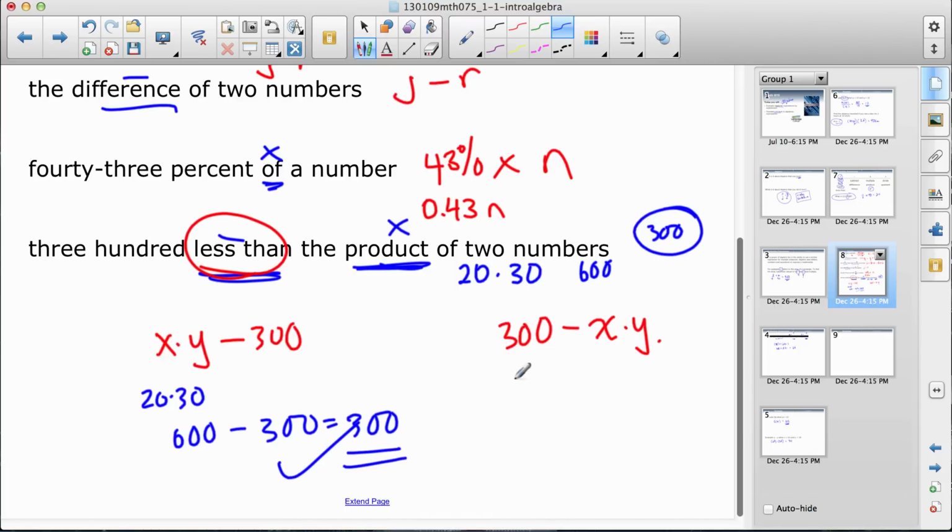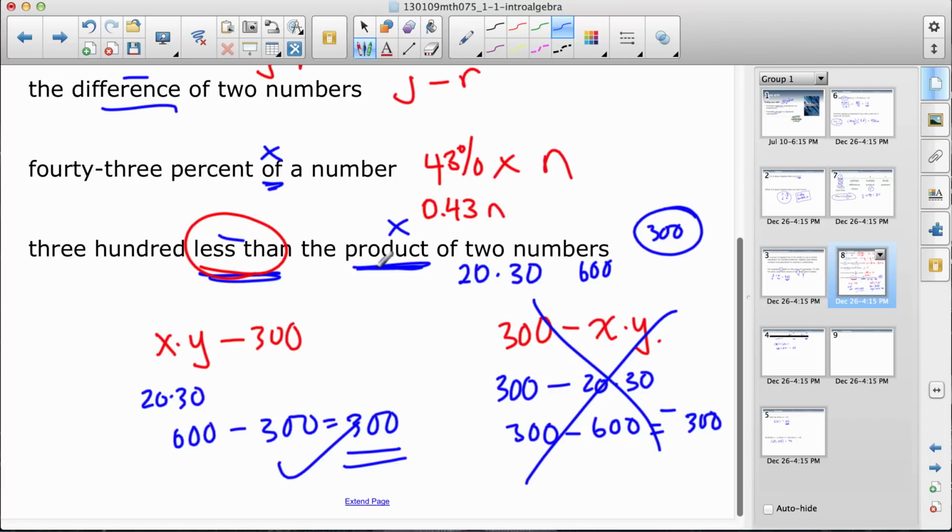Let's see why it doesn't work in this one. 300 take away x times y, which is 20 times 30, again 600. And 300 take away 600 will be a negative 300, which isn't what I had up here, so it can't be this one. So really the only tricky ones with these are the ones where they say less than.